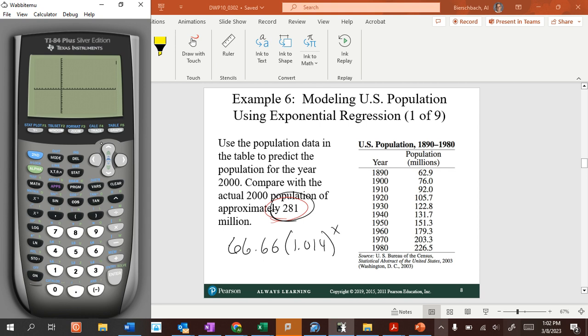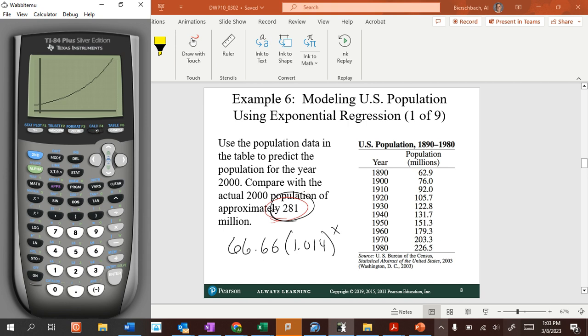And I'm going to have to be pretty big here. I'm going to change my window from -10, that's fine, up to 150 for the x's. The y's up to 500. There's my graph of my exponential rise of population.